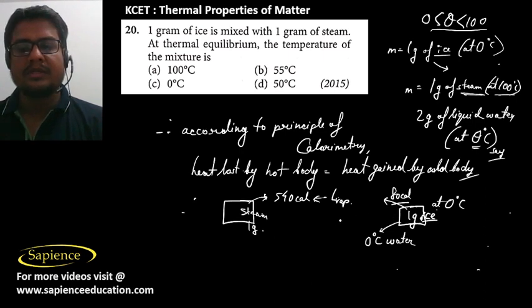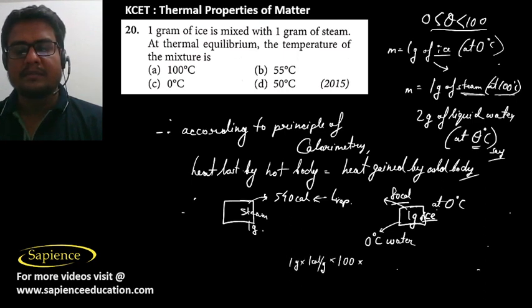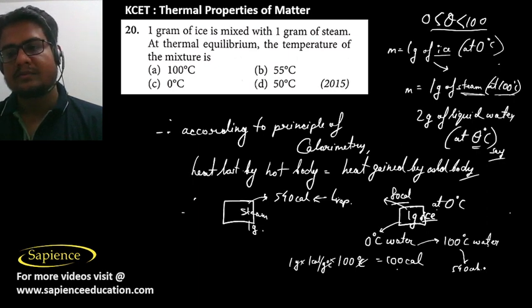For converting to water at 100 degree Celsius, it requires m S delta T, where m is 1 gram, S is 1 calorie per gram degree Celsius, and the change is 100 degree Celsius. So 100 calorie it needs to convert to 100 degree Celsius water, and then this 100 degree Celsius water needs again 540 calorie to convert to the steam.